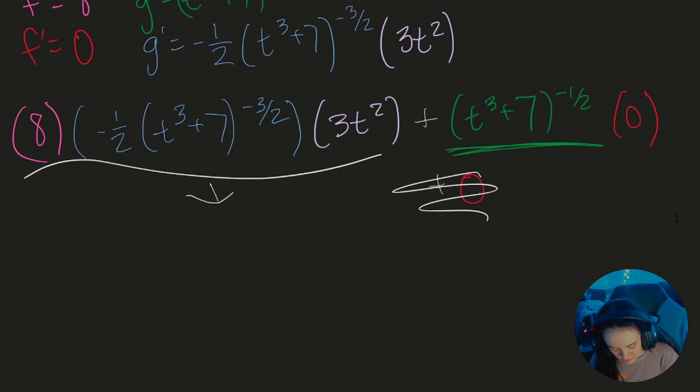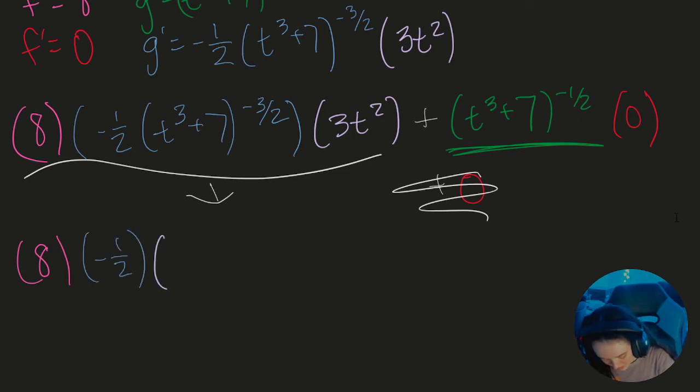So all of this to the right would go away, and then we would multiply our individual stuff. So our 8 times our -1/2 times our 3t squared, and all of the rest would stay like it is.